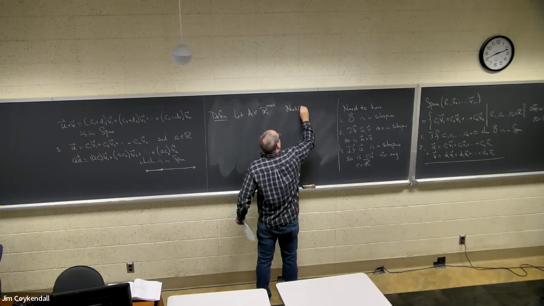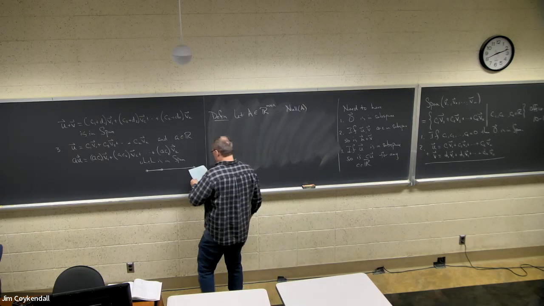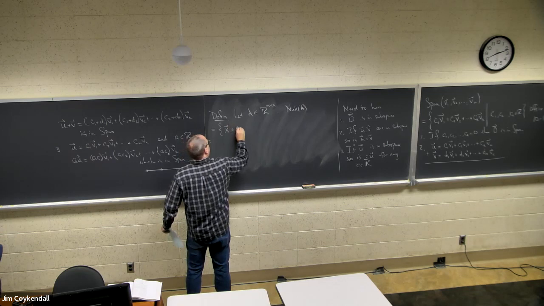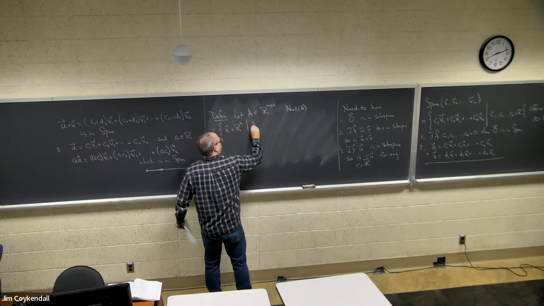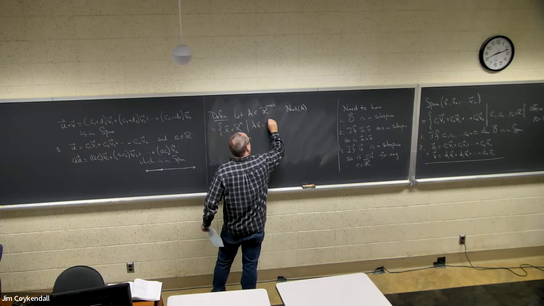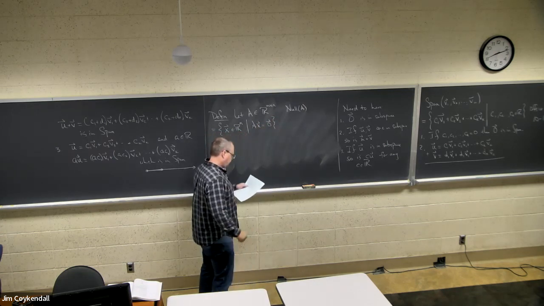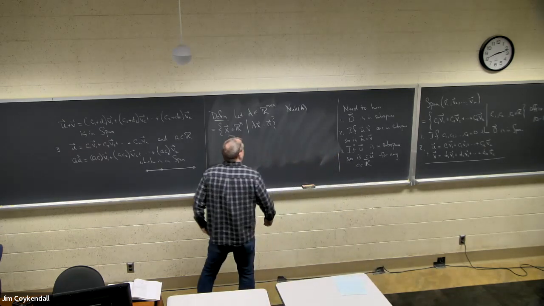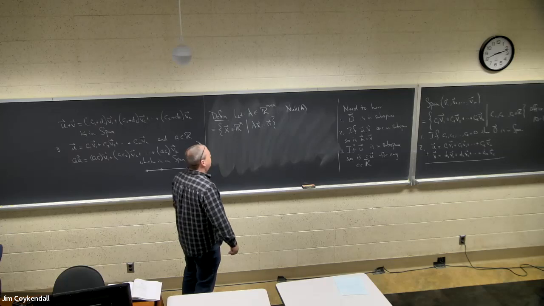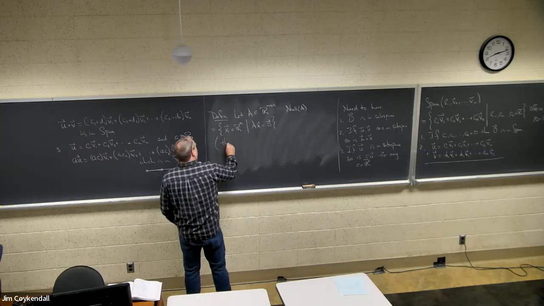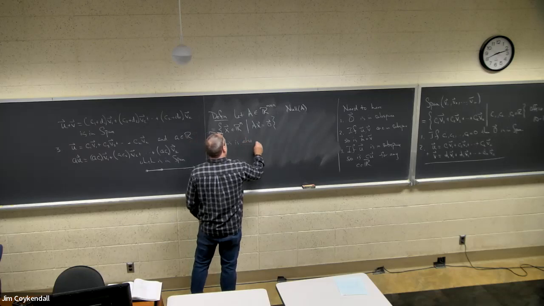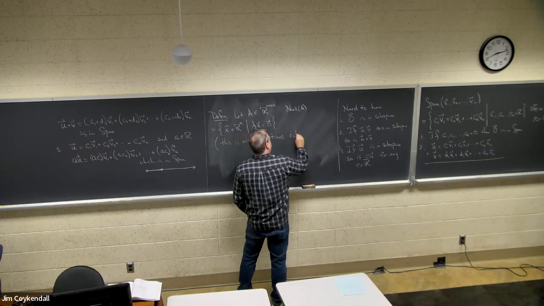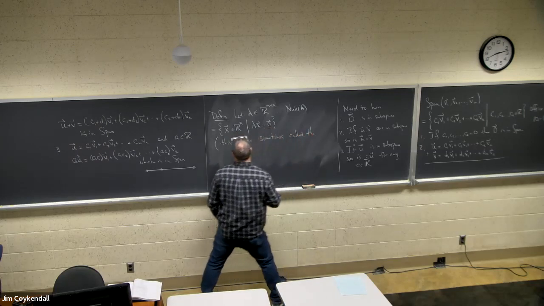The null space of A is the set of all x with Ax equal to zero. Let me point out, this is sometimes called the kernel.